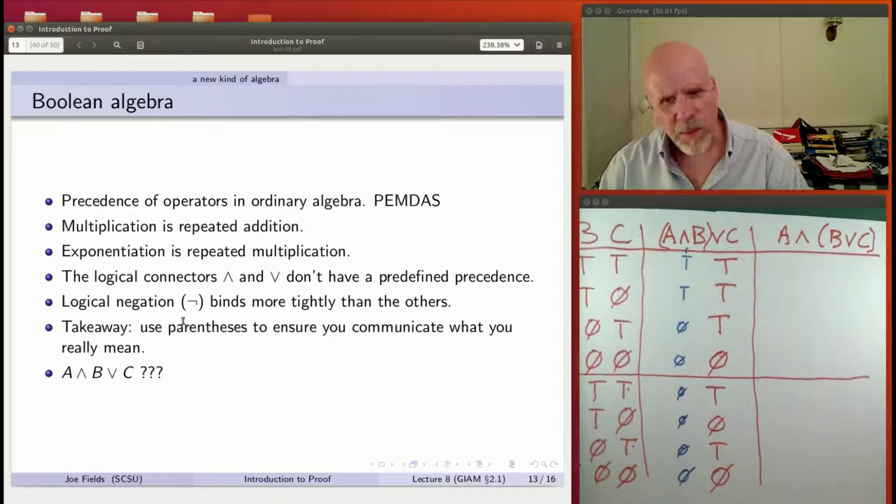I don't know, does my voice actually somewhat convey the grouping when I say A and B or C? That's the idea. So we want to first pencil in the result of doing B or C. Remember, the OR connector is true when any of the stuff is true. So it's usually smart for the OR connector to just look for where it is false.